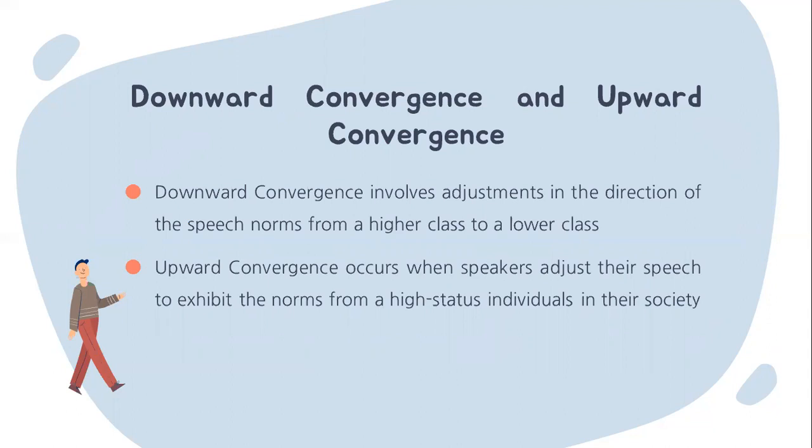For example, first, downward convergence is when someone with an RP or received pronunciation accent tones down their accent to match a lower class accent. And then upward convergence is when someone with a working class accent tries to eliminate some of the stronger features of their speech for a received pronunciation speaker. The next slide, please.